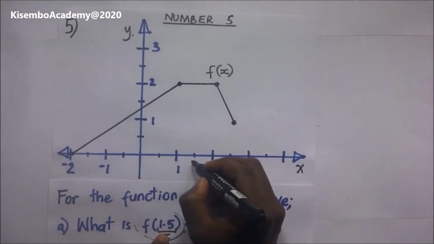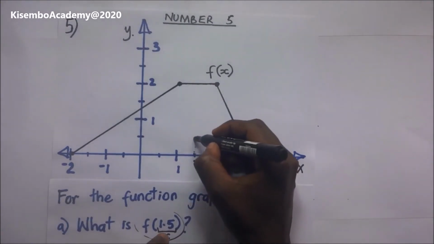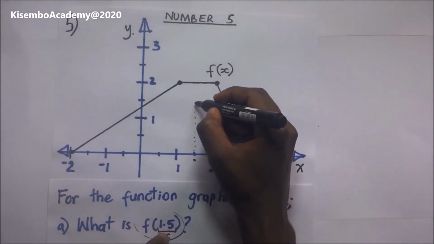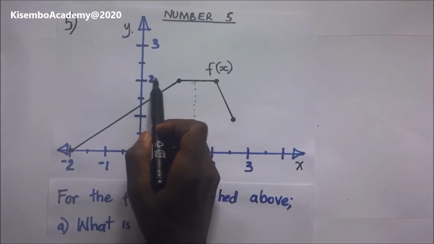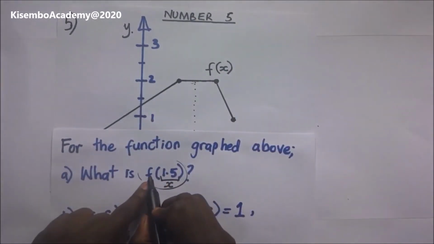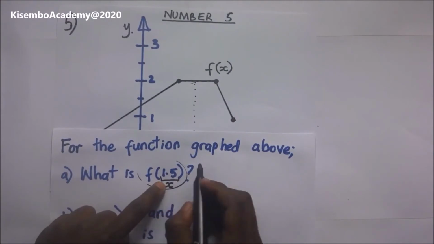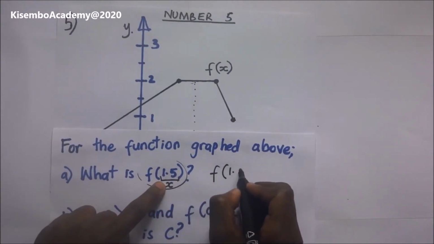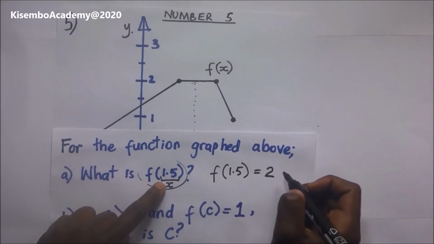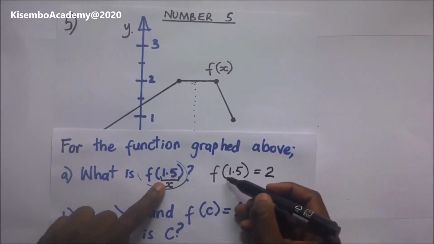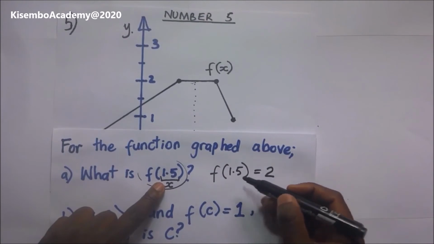Definitely 1.5 is right there, and it's corresponding to a value of y as 2. So f of 1.5 is equal to 2, or it's the same as saying the value of y is 2 when x is 1.5.